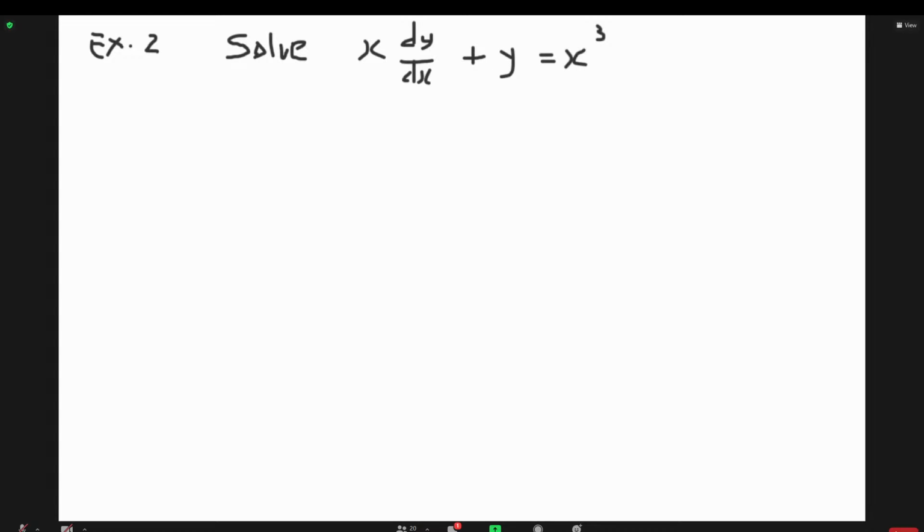All right. So is it in the form? No, it's not. Remember, it has to be dy/dx plus Py equals Q. In this case, we have an x here. So we have to get rid of that x, which means that we'll divide everything by x.